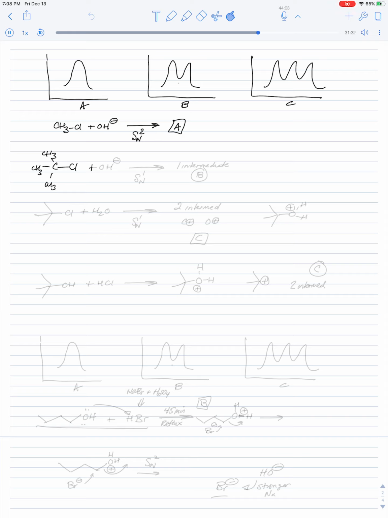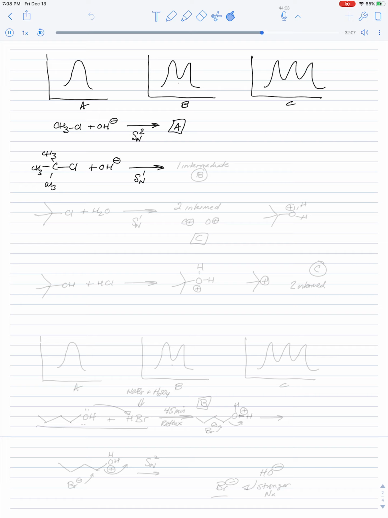Let's say tertiary chloride plus the hydroxide. It's usually more straightforward to make the assignments based on the number of intermediates. So instead of counting humps, count valleys. With this reaction, first of all, the mechanism is SN1.